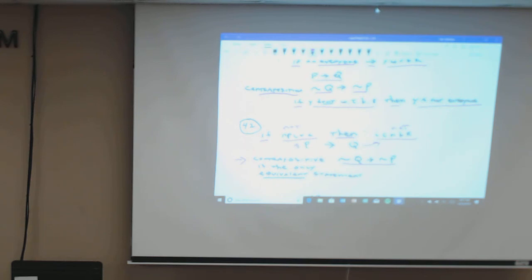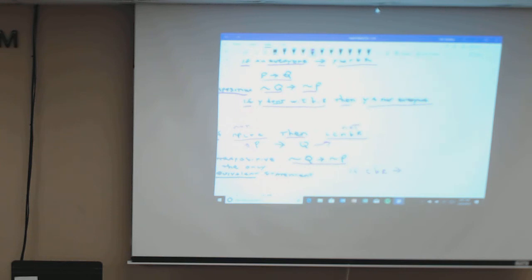If it's placed in a container, let me write it down here. If it's placed in this container, then it can be recycled. You take the not out when you negate a not.